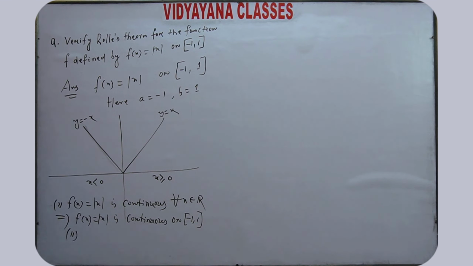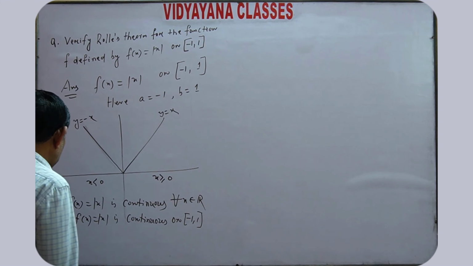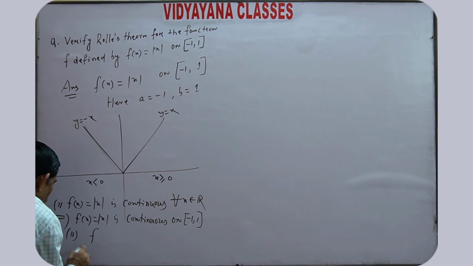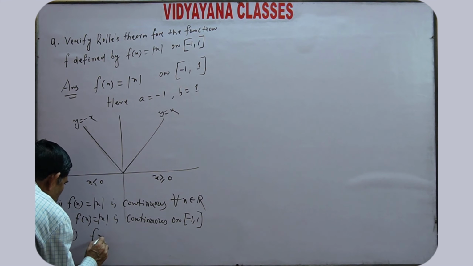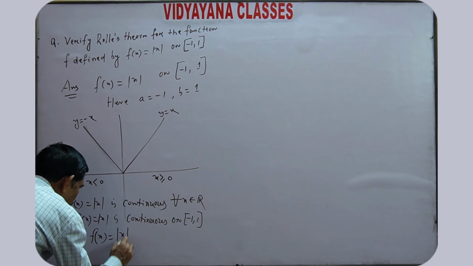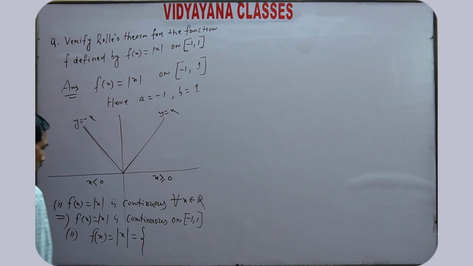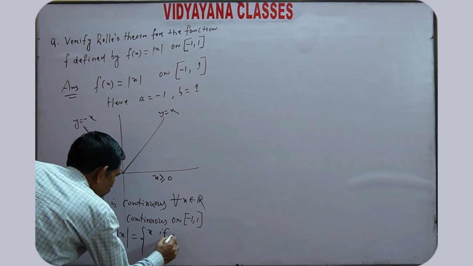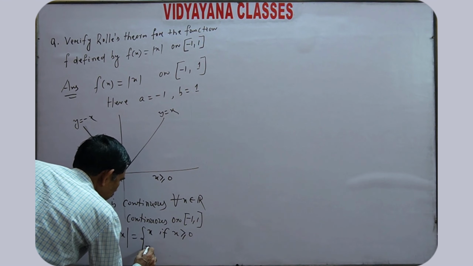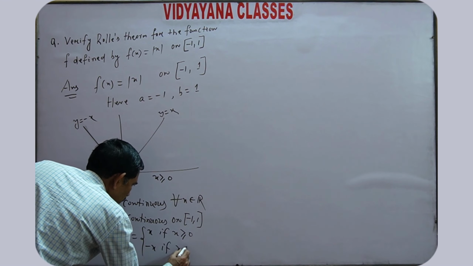Second condition, f(x) is equal to mod of x, which is the same as x if x is greater than or equal to 0, and minus x if x is less than 0.